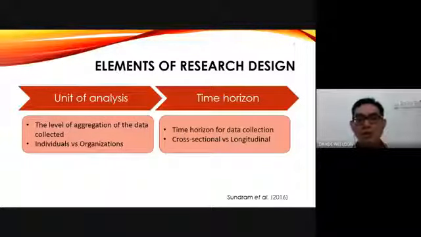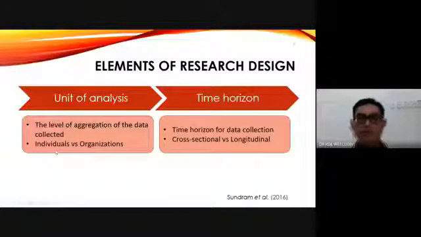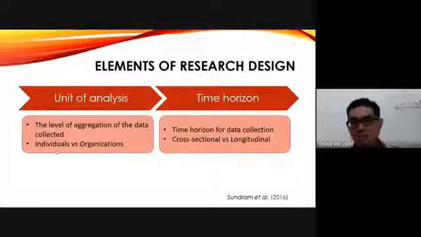So we can see from here, unit of analysis refers to the person, or from whom you collect the data. It can be from individuals, it can be from organizations. From individuals, normally no problem. Individuals mean the person will answer the question.